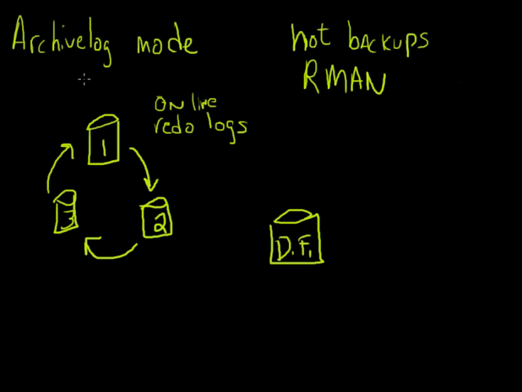That's no ARCHIVELOG mode. When I go into ARCHIVELOG mode, Oracle still does the same thing, but every time I leave one of these online redo logs, say I fill up number 1 and go to number 2, a process called the archiver grabs this file and writes it out to an archive directory.